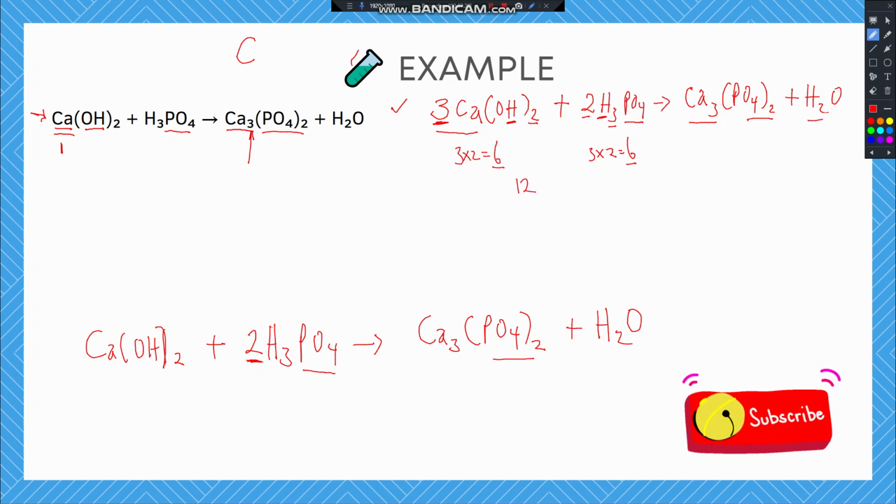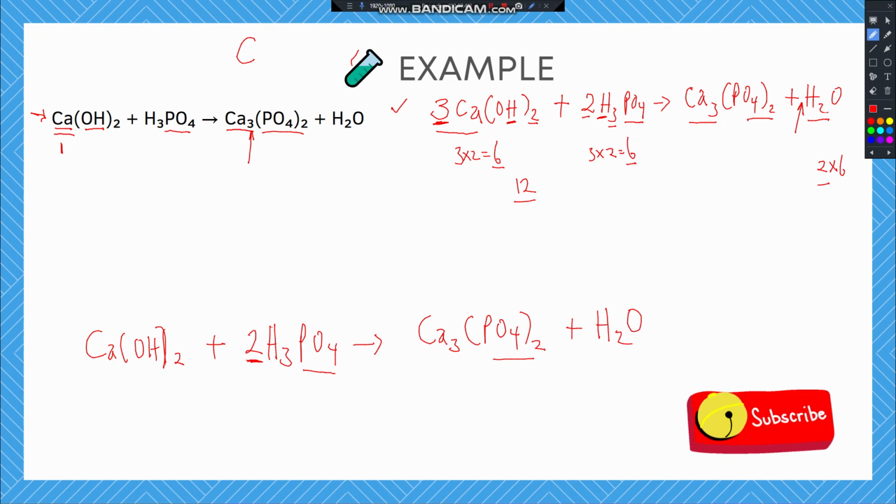On the right hand side, you can see over here we have just 2 atoms of hydrogen. So in order to make 12 and 2 equal, we just simply multiply by 6. So that tells us that we need a coefficient of 6 over here. I'm sure you're following every step of this balancing technique.